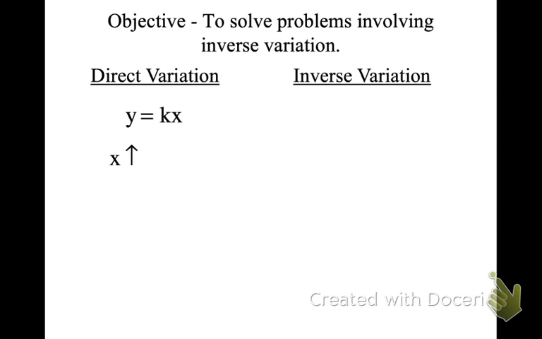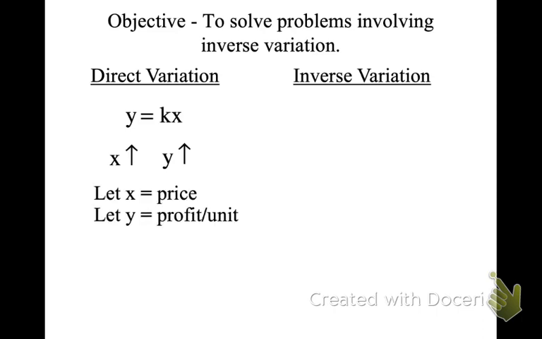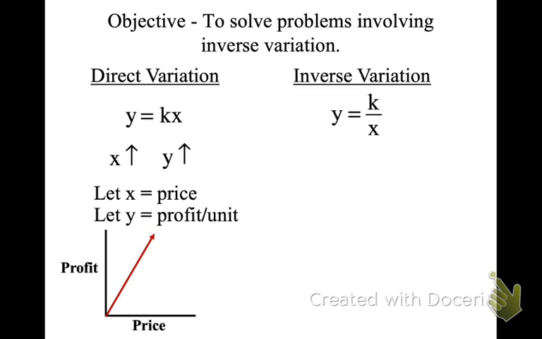And again, we said that this is proportional because as x increases, so does the y, meaning as my hours increase, so does my pay, okay? As the price increases, the profits increase, right? This is an example. Here's how it's going to look in the graph, okay? Now with inverse variation, the equation is y equals k over x.